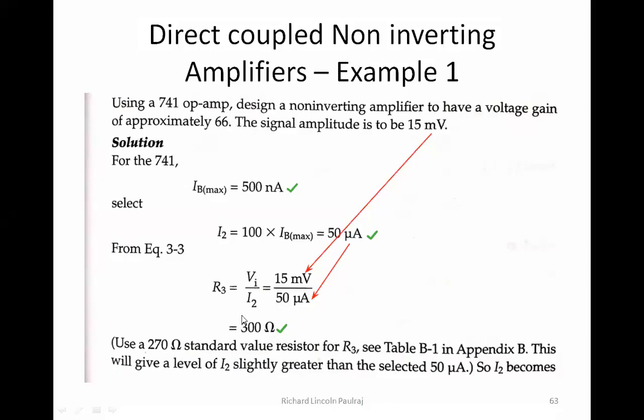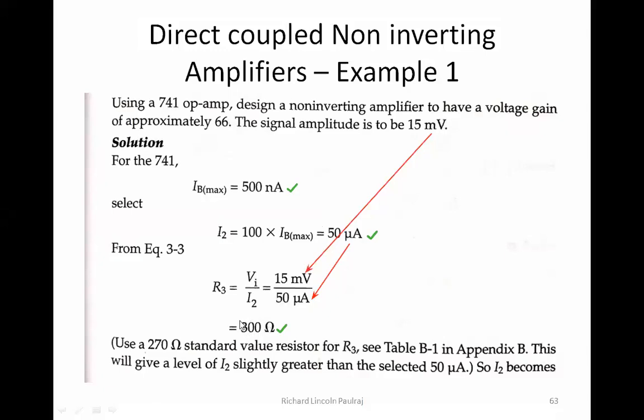Now, if I'm reducing this resistance, what is going to happen to I2? Obviously, it's going to be more than 50 microamps. Why is it so? You understood what my question is, students? Can you repeat the question once?